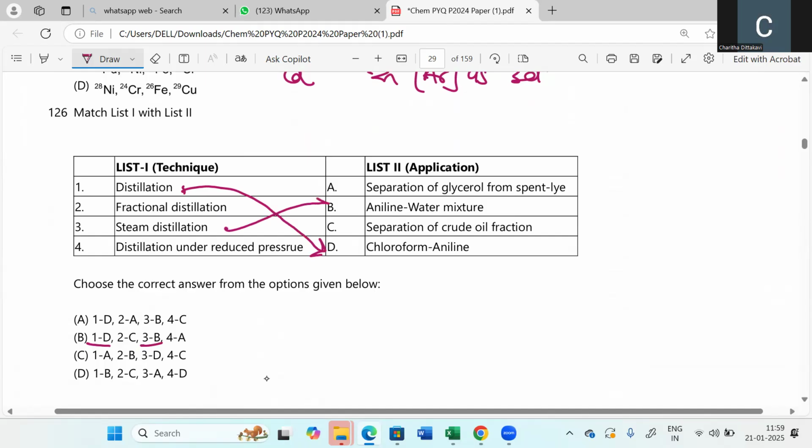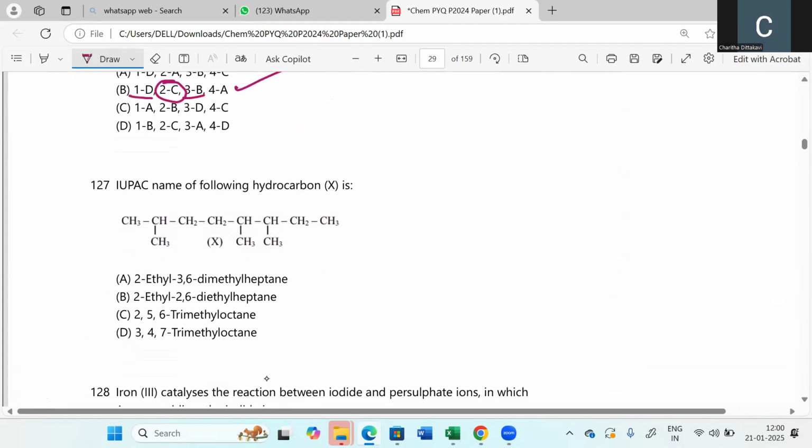Yes, aniline water mixture is steam distillation. And then 2 with C, the fractional distillation, which is separation of crude oil fractions. Under reduced pressure is separation of glycerol from pentyl. So you just have to write down these statements and go with it.